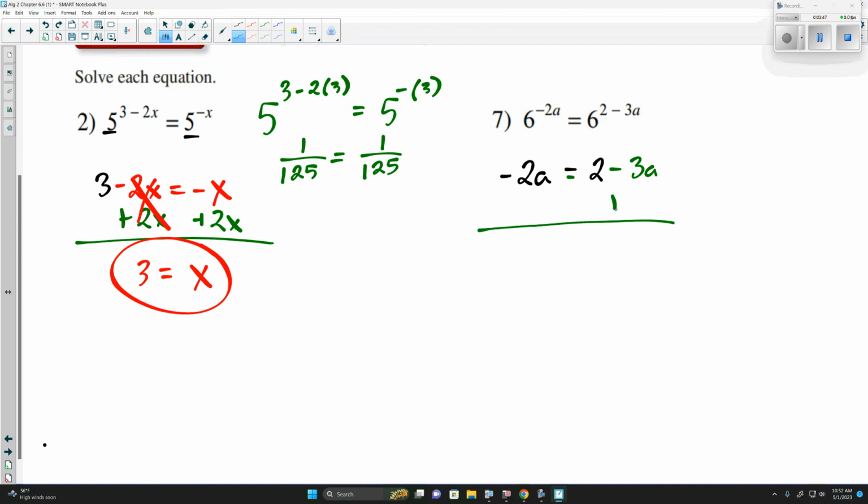Now the first thing we can do here is add 3a to both sides. Negative 2a plus 3a is going to be a. And tells us a is equal to 2. And that's it. We could plug a back in as 2, and we will see that both sides are the same.